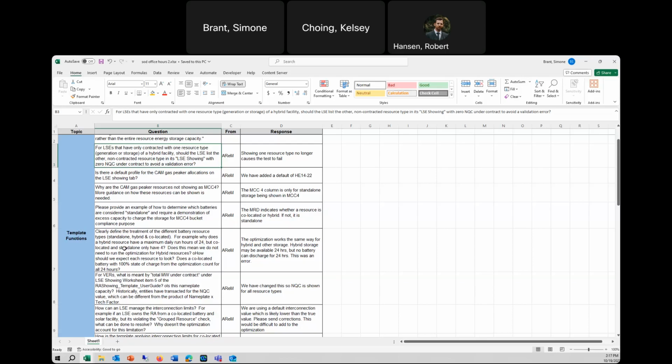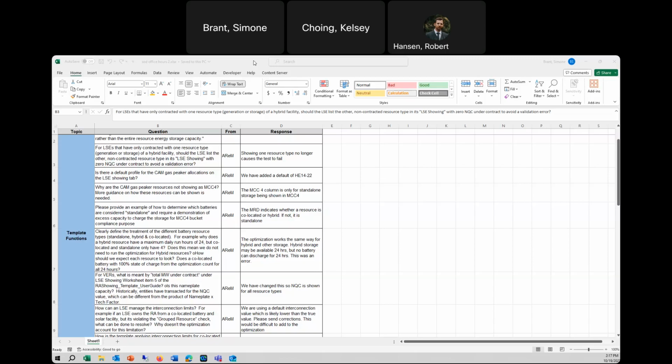In terms of how the optimization within the template works, the only distinction is whether a storage resource allows or does not allow grid charging. And if grid charging is not allowed, then it looks to either a co-located or a hybrid resource and looks up the capacity shown in either a default profile or a custom profile for those resources.